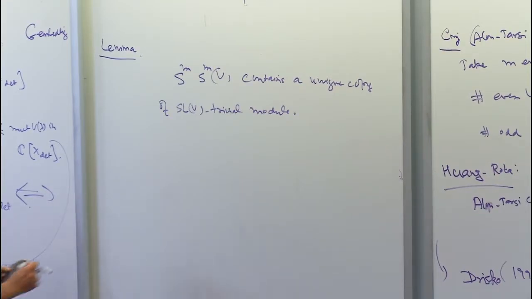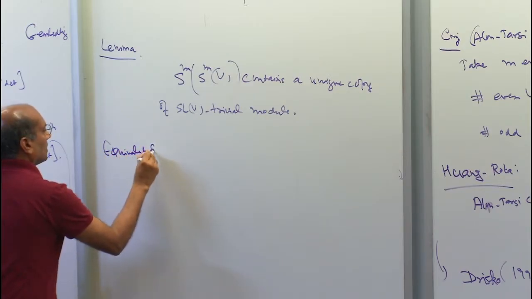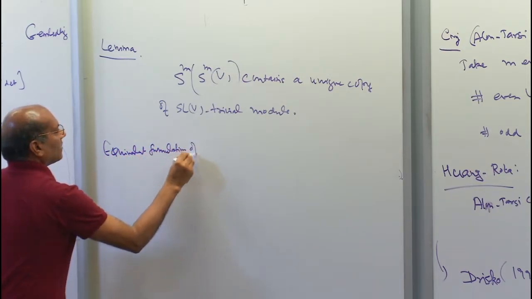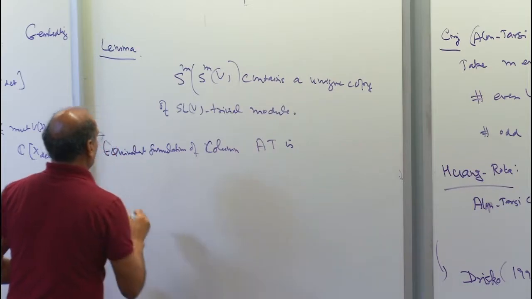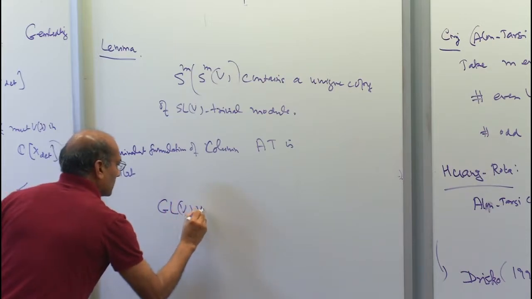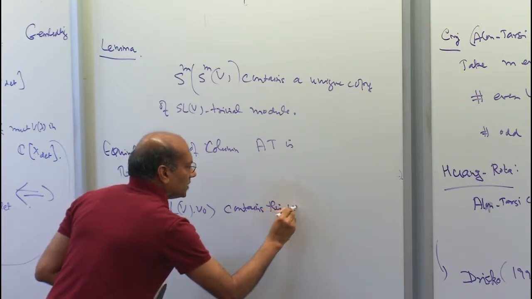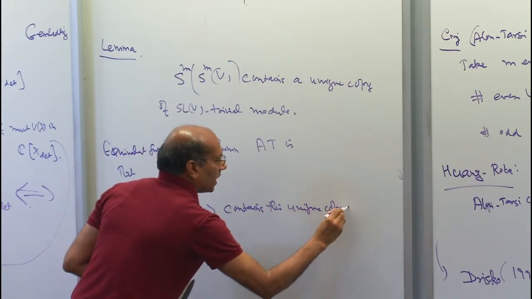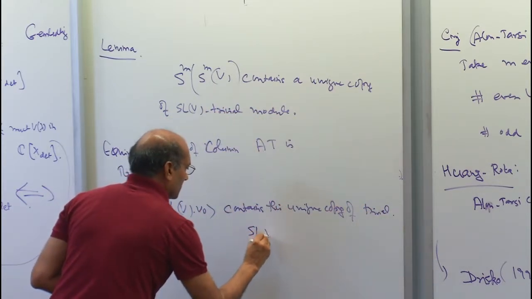So now the equivalent formulation of the conjecture L&RC is that this module GLV V0 contains this unique copy of the trivial SLV module.